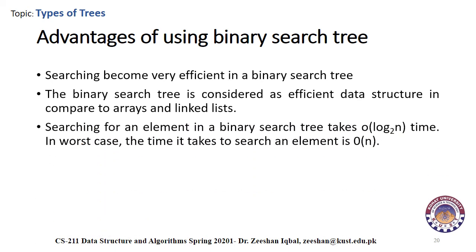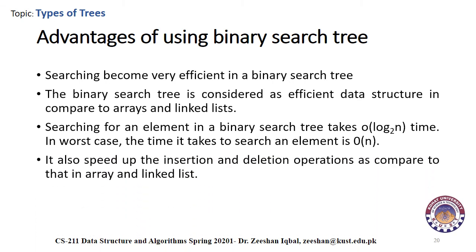Searching for an element in a binary search tree can take log n to the base 2 time. In the worst case scenario, the time it takes to search an element is n. Insertion and deletion operations can also be sped up as compared to those in arrays and linked lists.